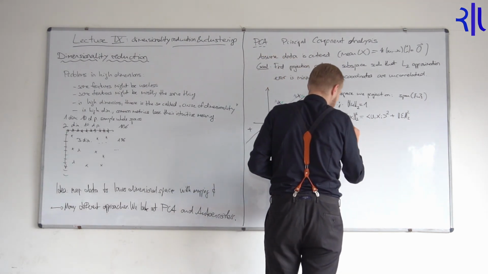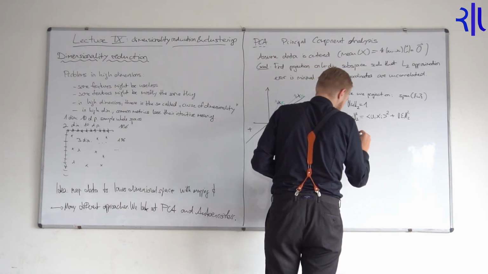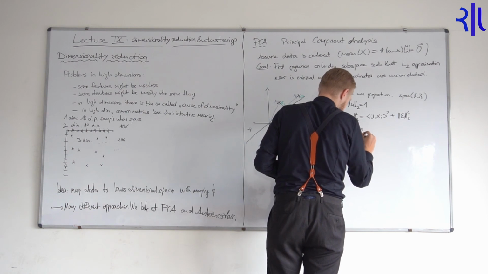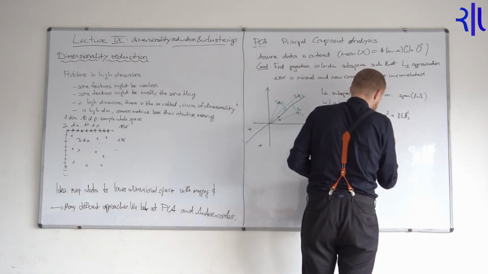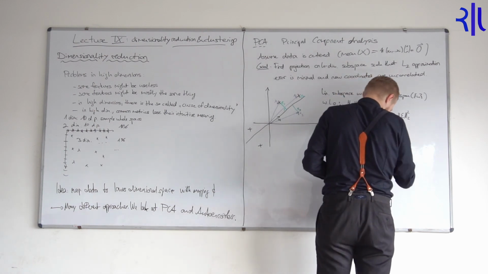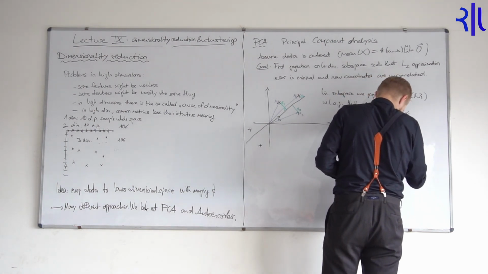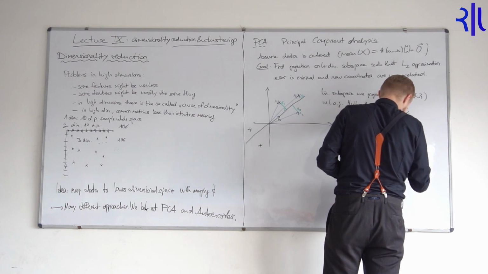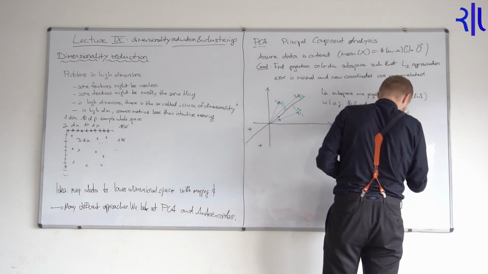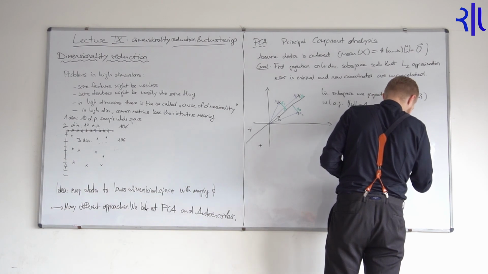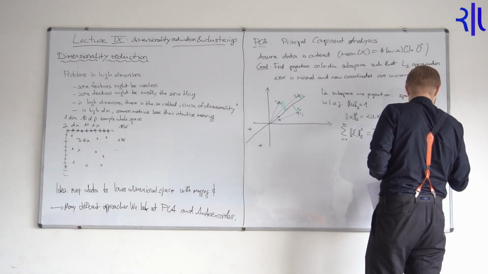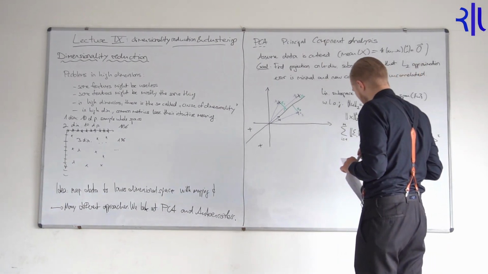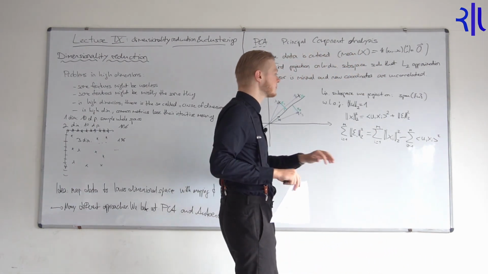So the total error then over all the data points that we have is given by this formula.